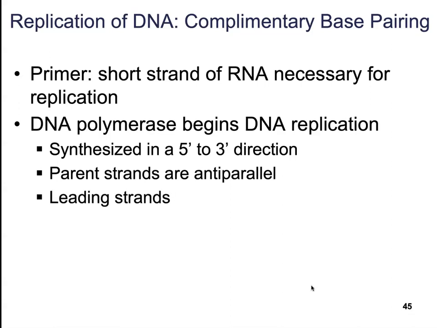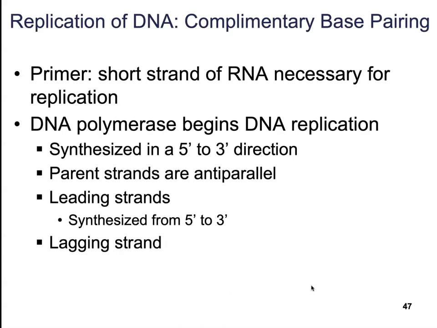DNA can only be read in one direction, therefore it can only be synthesized in one direction. Now, here's the thing. We need to synthesize both sides of that DNA at the same time, and since we can only read in one direction, one strand is going to be read correctly in the leading strand, synthesized from the 5' to the 3' end.